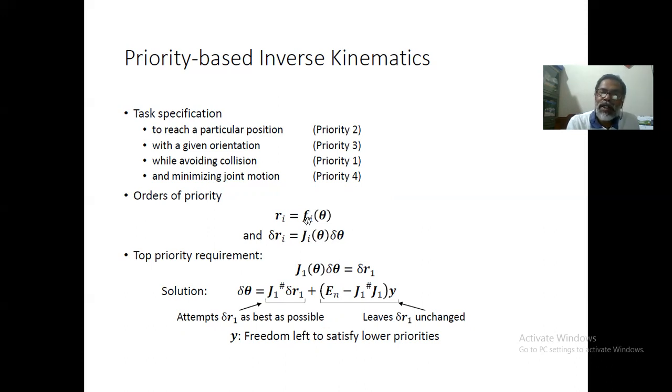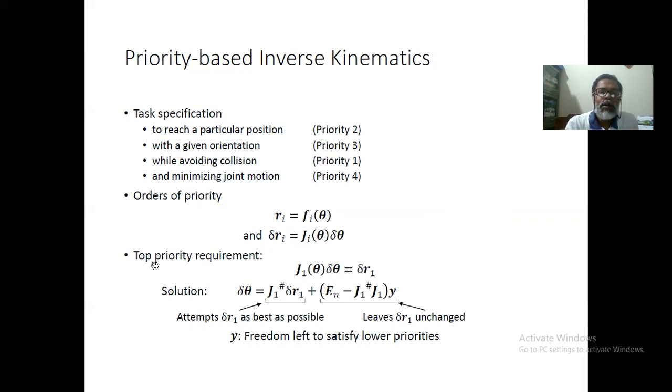We could have written all of these equations together and solved them together. But then that might have ended up doing something for priority 4 and priority 3, even without satisfying priority 1 and priority 2 completely. So that we want to avoid. So we break down the thing in terms of partial tasks and partial Jacobians. And this is just differentiation, nothing very esoteric.